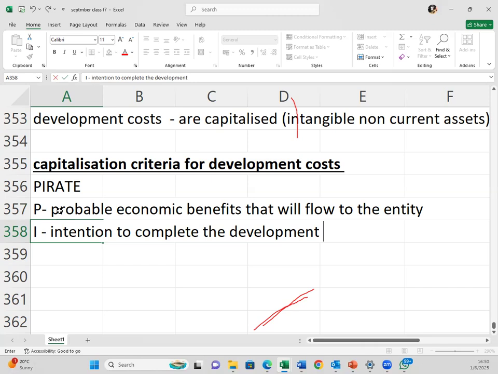Besides having an intention to complete, another condition is that there must be a reliable measure of the development cost incurred.